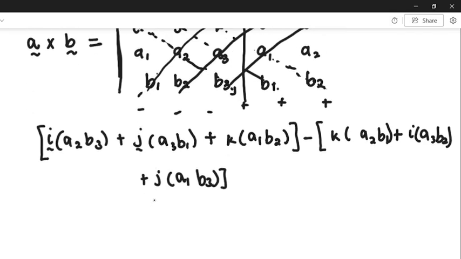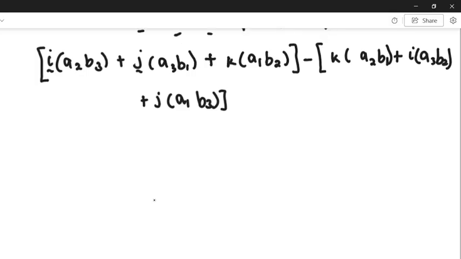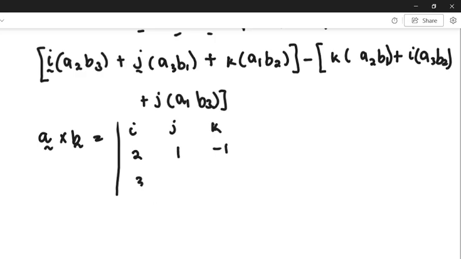So this is the rule of Sarrus. Let's see our previous example. If you're getting A cross B, we have i, j, k. Previously we had 2 1 negative 1, and our other vector was negative 3 4 1.